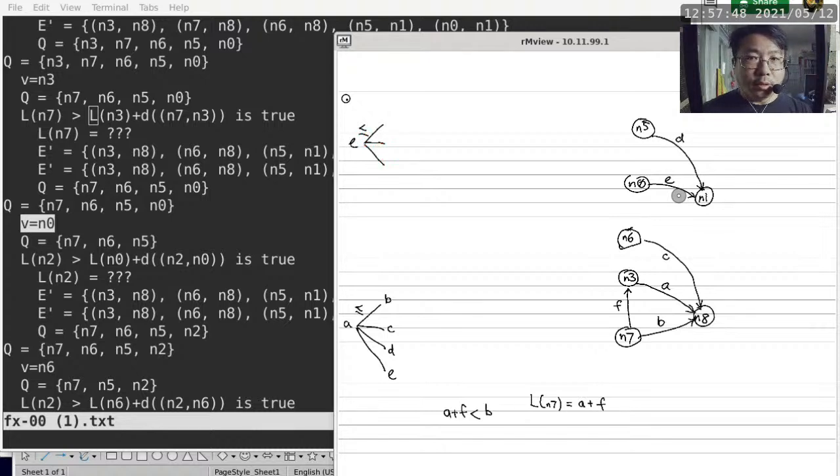It's less than or equal to the L value of n7, and we know that n7 from here is a plus f. It is less than the L value of n6. The L value of n6 is just c at this point. We also know it is less than or equal to the L value of n5, and n5 is just d at this point.